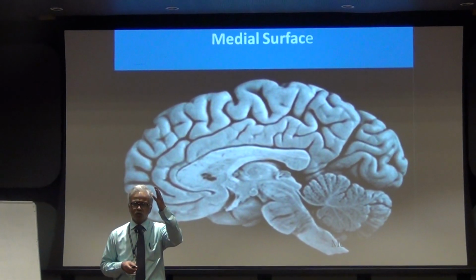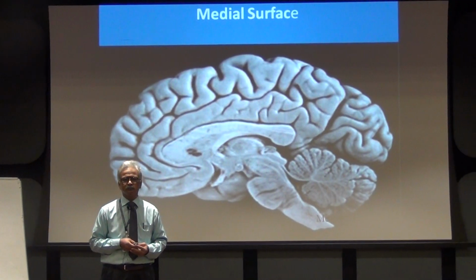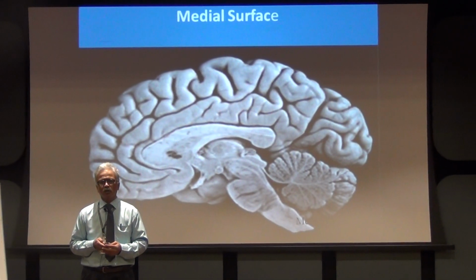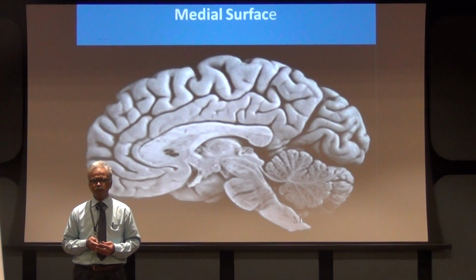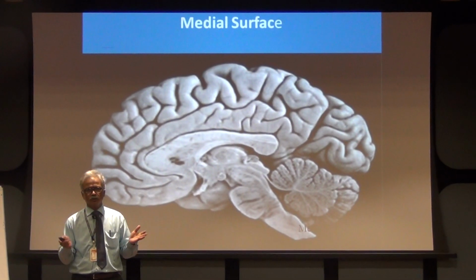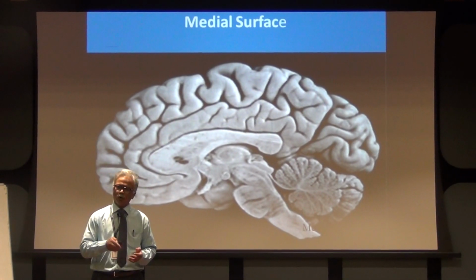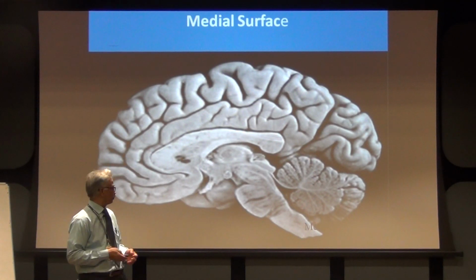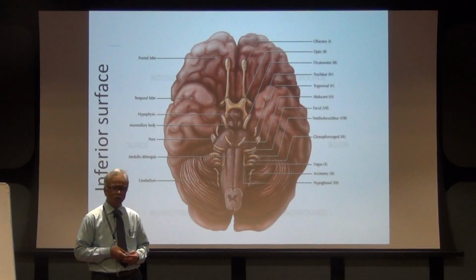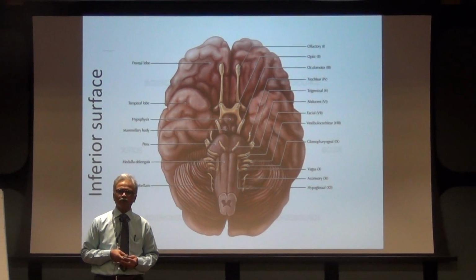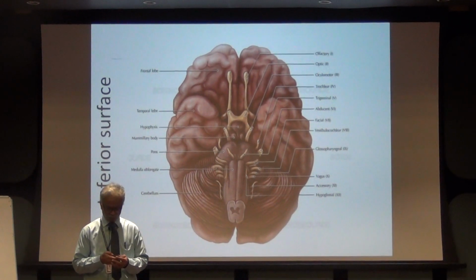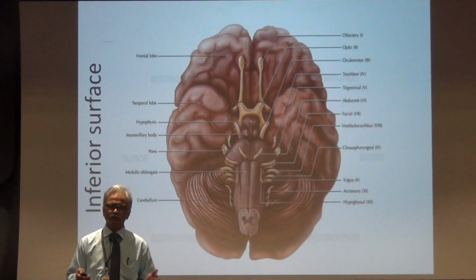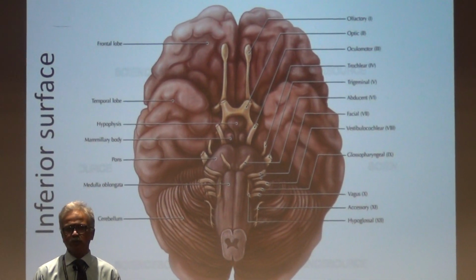It is flat and vertical. You can see the corpus callosum which connects it to the opposite cerebral hemisphere. This is the inferior surface of the cerebrum.